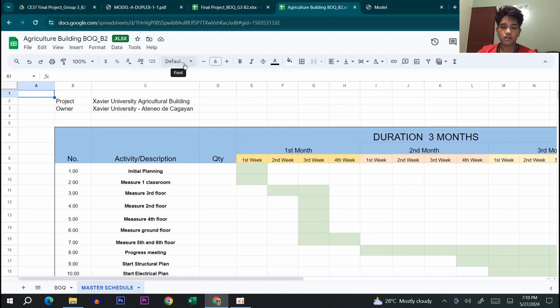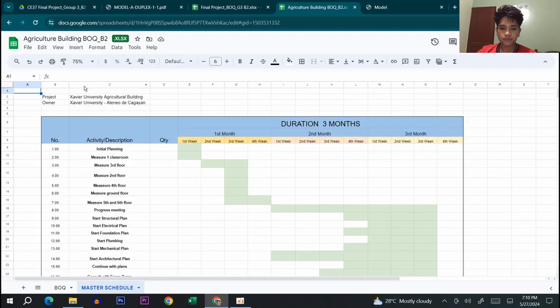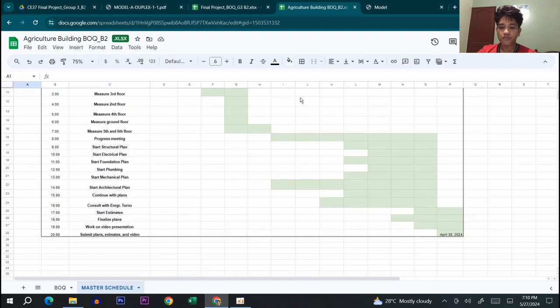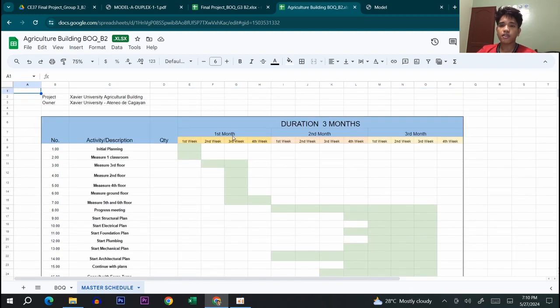Let me zoom out a bit. So for the first month, I think the project was introduced to us at around January. So we have January, February, March, April, May. But we formally started our project at around end of February to first week of March.